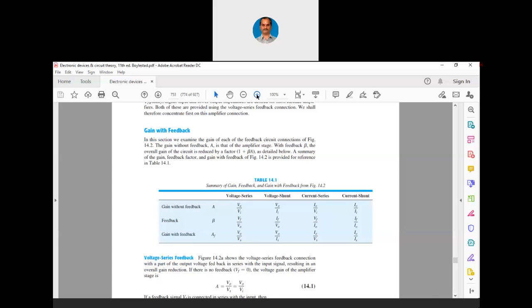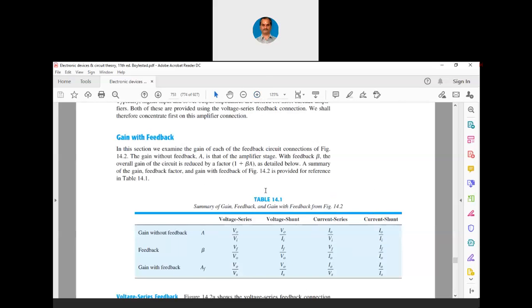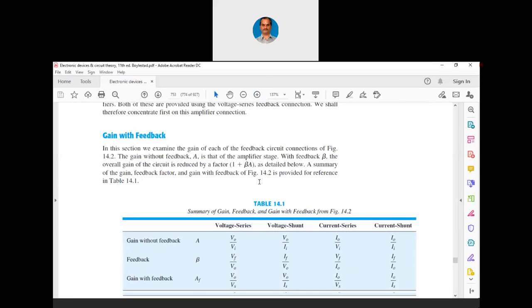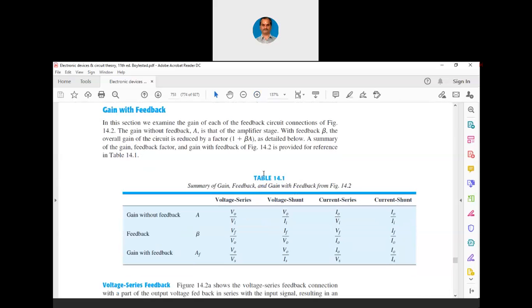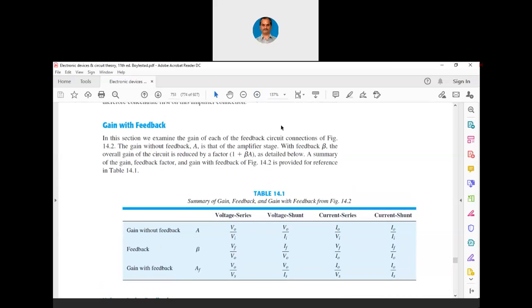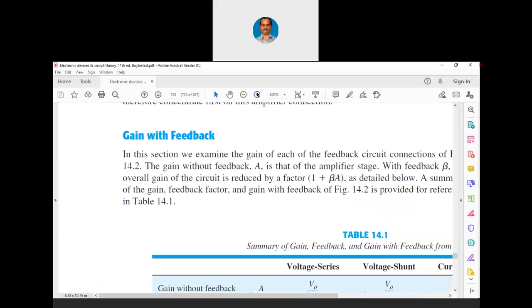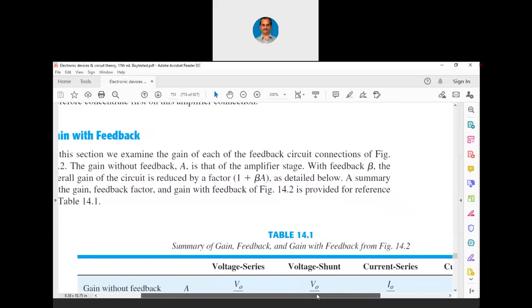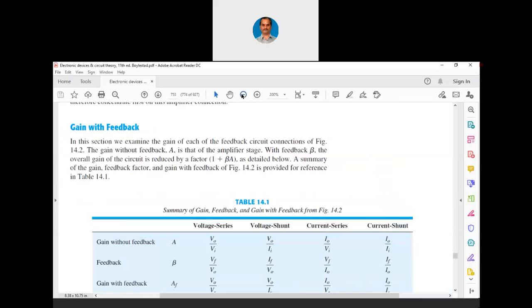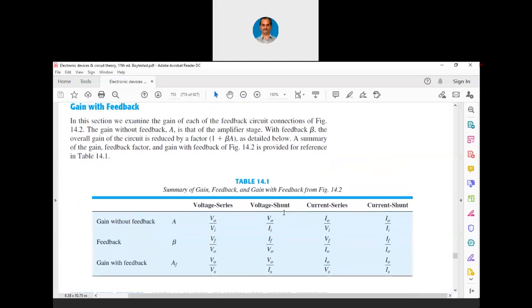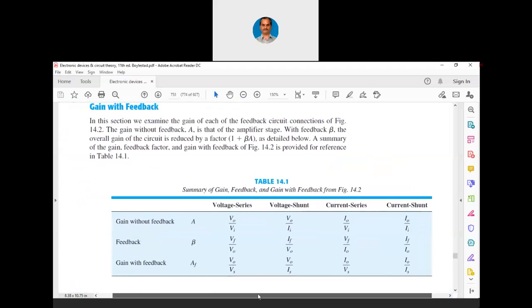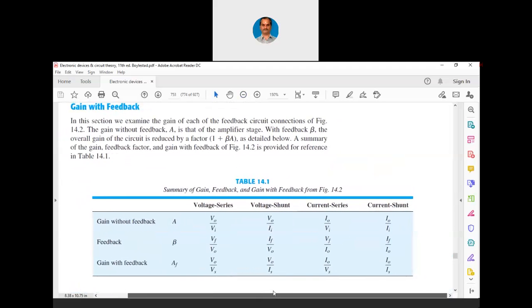I want to elaborate on this particular table now.